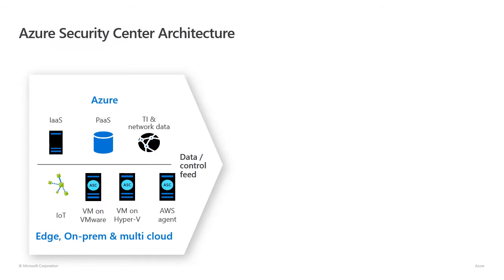Let's take a look at how it works. Azure Security Center works in this way. Whether you have components on Azure by IaaS, PaaS, or networking data or what have you, and even on-premise running on VMware, Hyper-V, or even any cloud for that matter. So let's say you're running a very heterogeneous environment where your applications are all over the place.